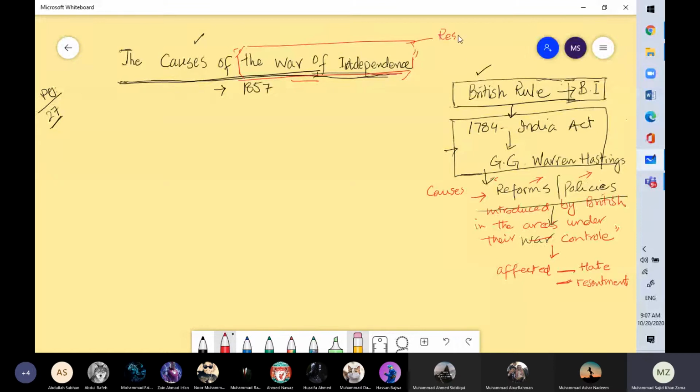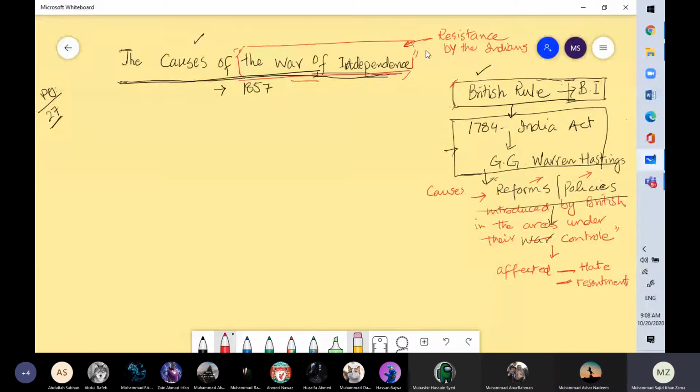Resistance. Now you remember, we use this word many times, resistance. Can you give me any other example of resistance than the War of Independence? Any other example of resistance against British rule from the Indian side?